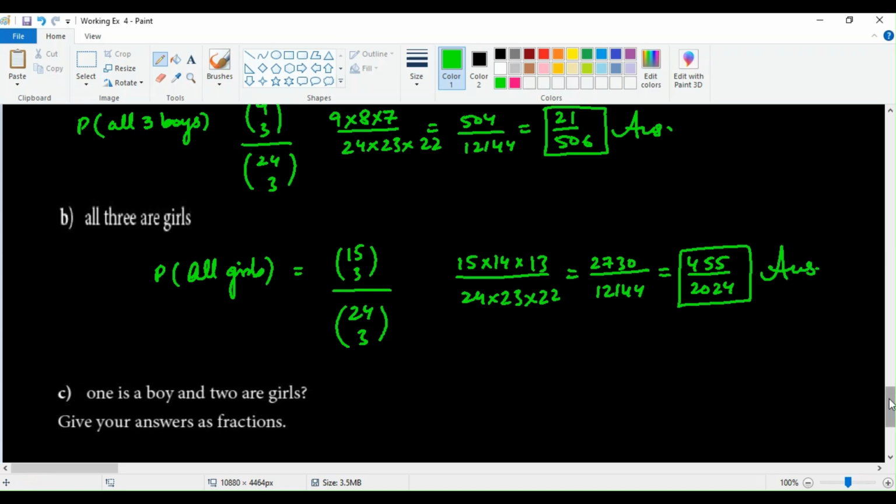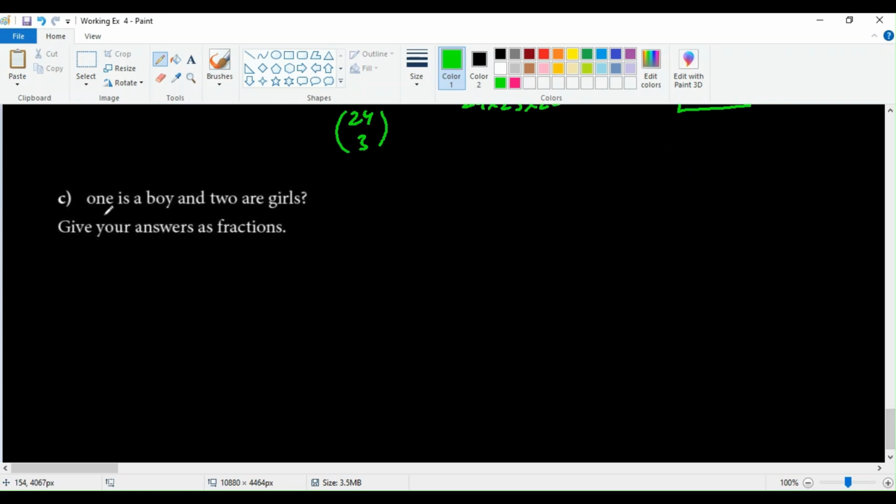Now comes the last part of this question. It says one is a boy and 2 are girls. So in here we are going to use combination once again. 9C1, 15C2, and total outcome is 24C3.